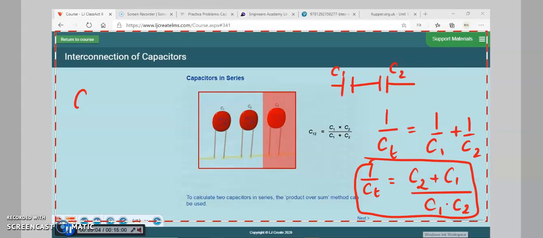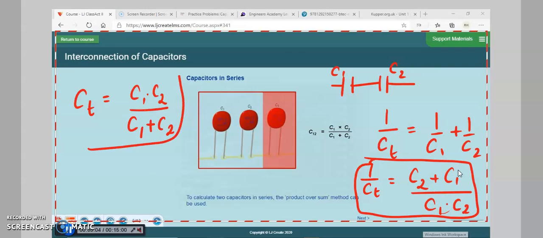Now I want to find total capacitance, so I'm just going to invert this answer. It's going to be C1 times C2 divided by C1 plus C2. So this is how you got this formula.